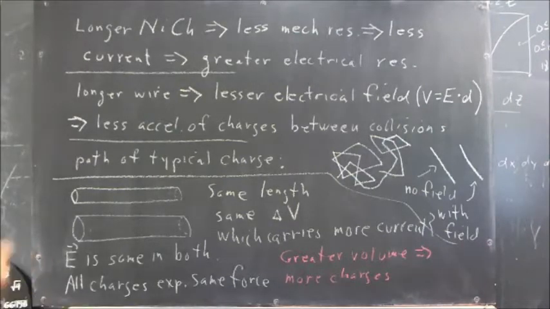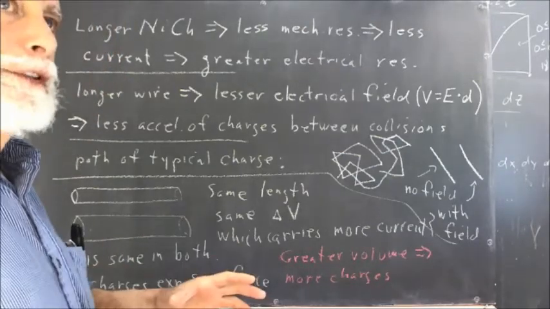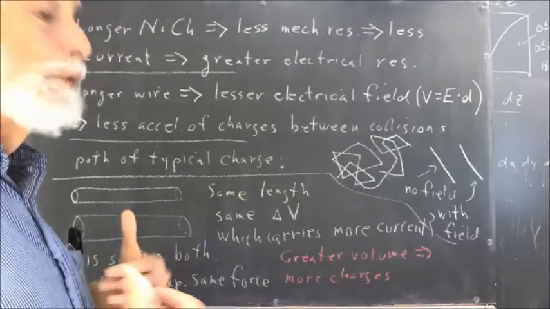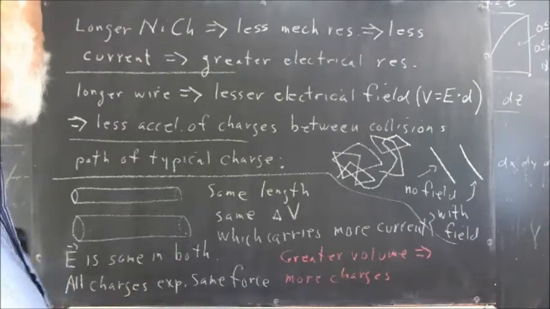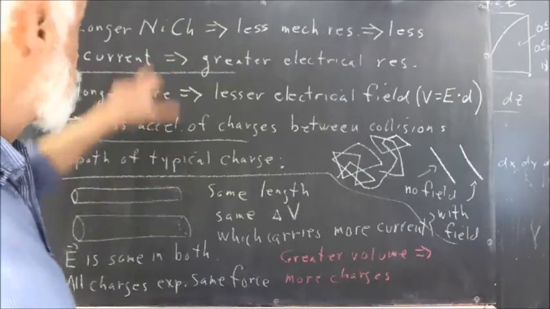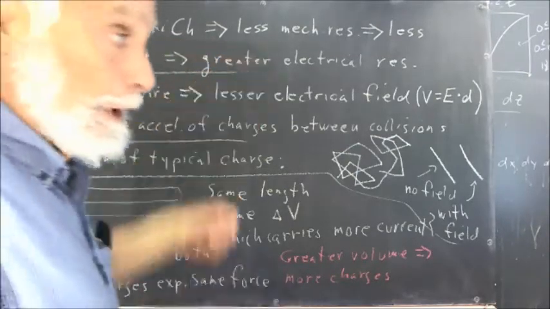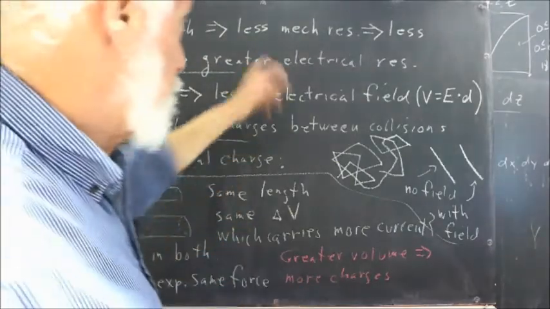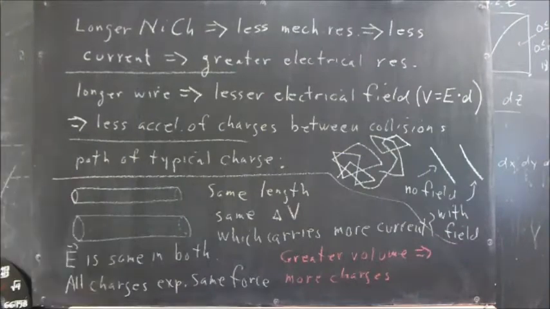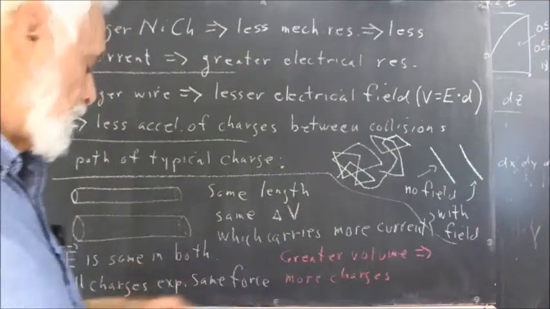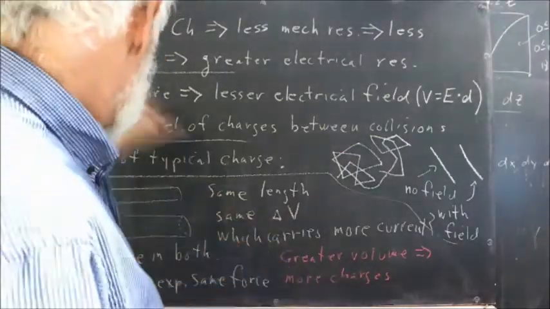Okay, just reviewing a little bit of what we know about the resistance of a circuit or a piece of wire, in this case, to resist flow of current. Our experience is you have a longer piece of nickel chromium wire, you're going to experience less mechanical resistance when cranking the generator, which implies less current, because, of course, the mechanical resistance is a reflection of how much current you have.